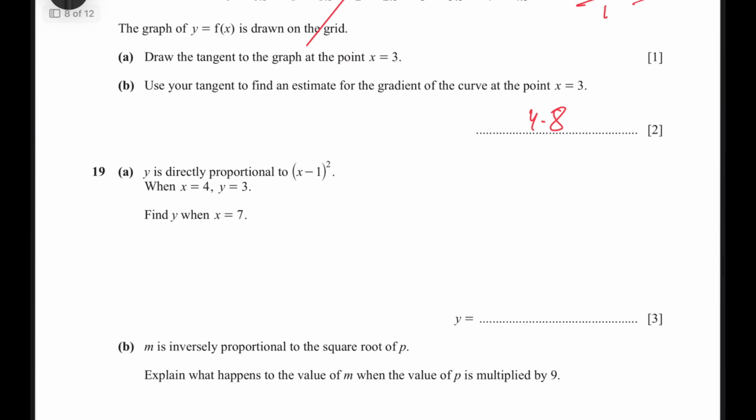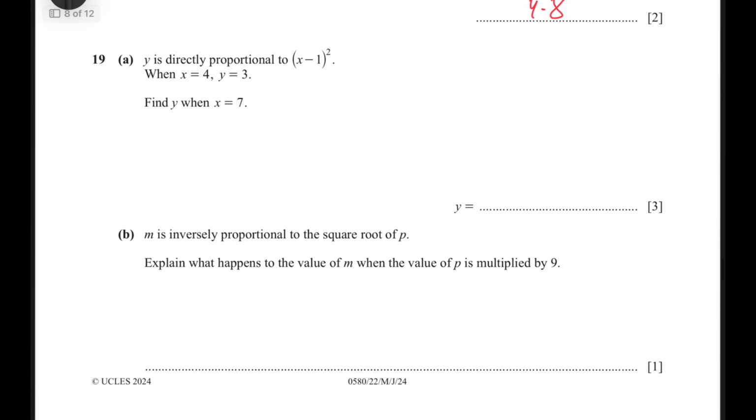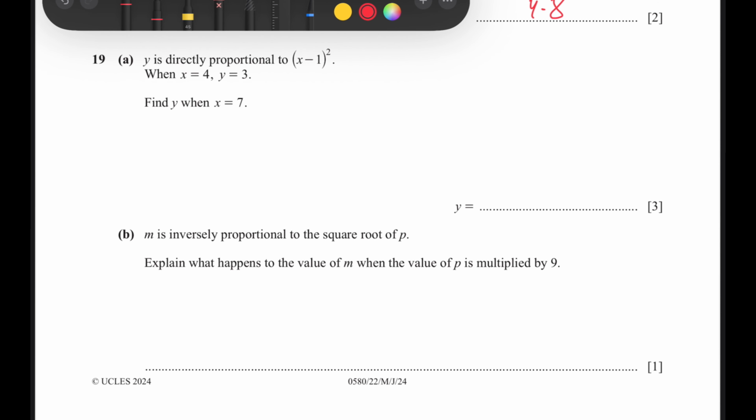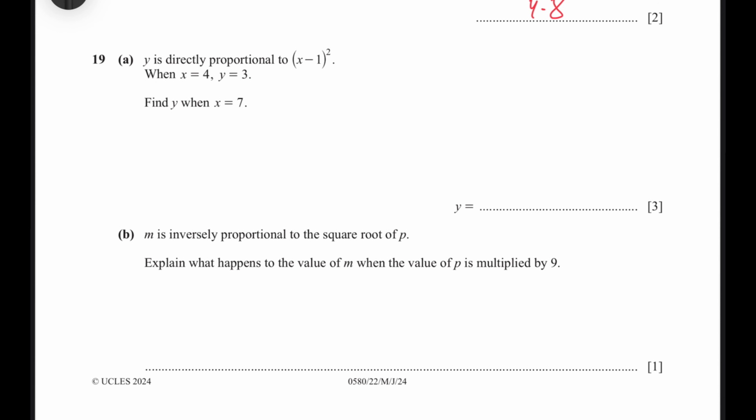Coming to 19th. y is directly proportional to (x minus 1) whole squared. So we can write y equals k times (x minus 1) whole squared. When x is 4, y is 3.